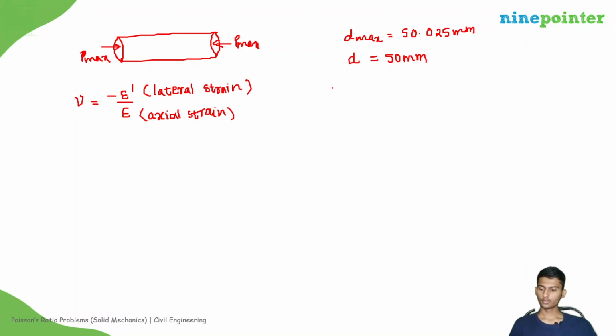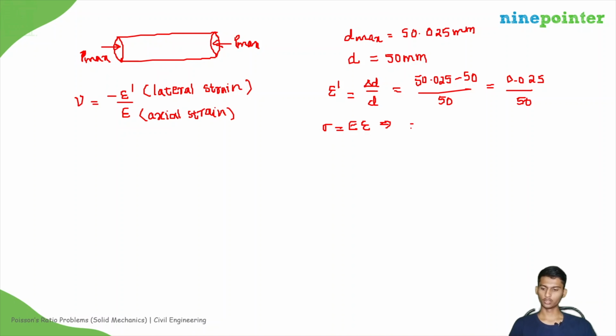So epsilon dash will be change in diameter del D divided by D. Change in diameter will be 50.025 minus 50 divided by 50, right? That is equal to 0.025 divided by 50. Okay. And epsilon, we already know that sigma is equal to E into epsilon. So that will give us epsilon is equal to sigma by E.